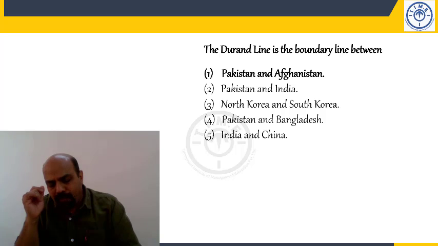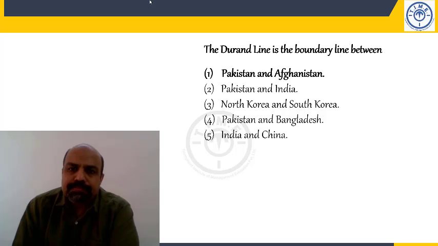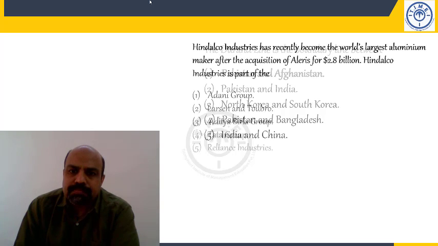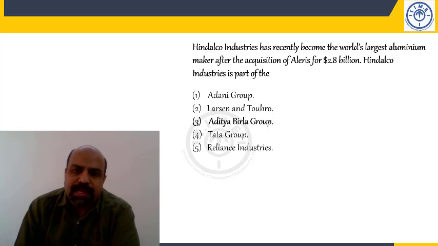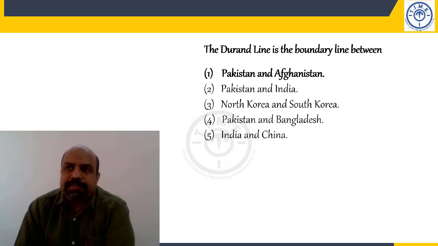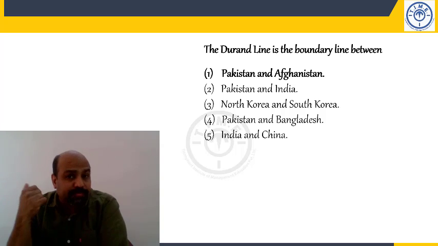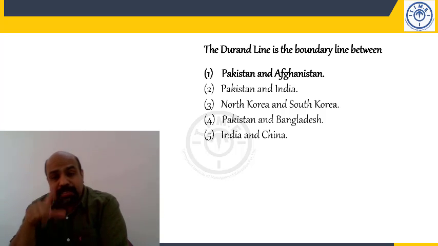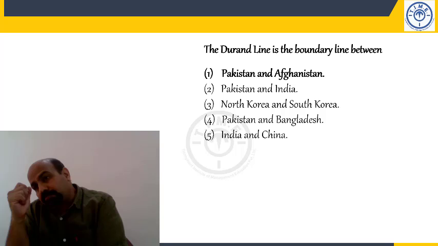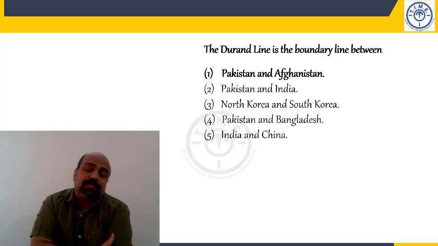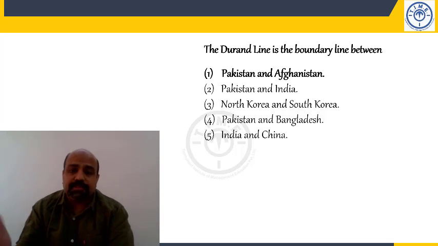Okay. See, the McMahon line is not accepted by China. It is accepted where it suits it. Like, it does not accept Arunachal Pradesh as a part of India. But it accepts the McMahon line between Myanmar and itself. That's how it is.